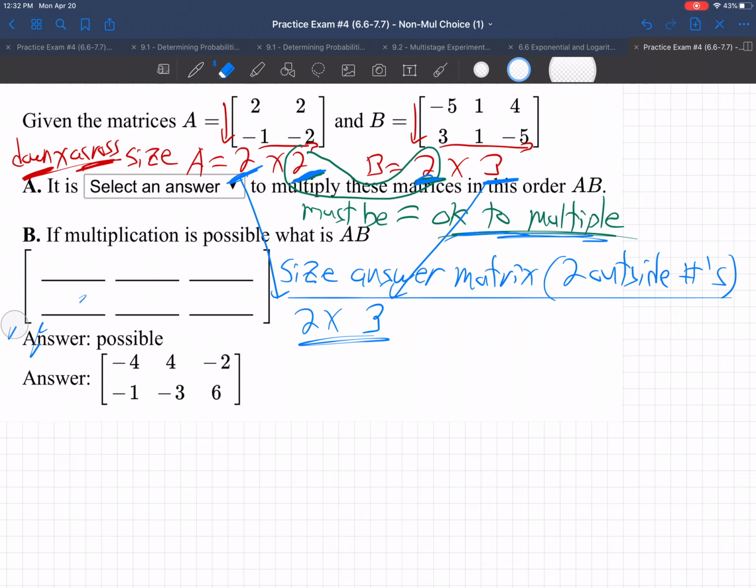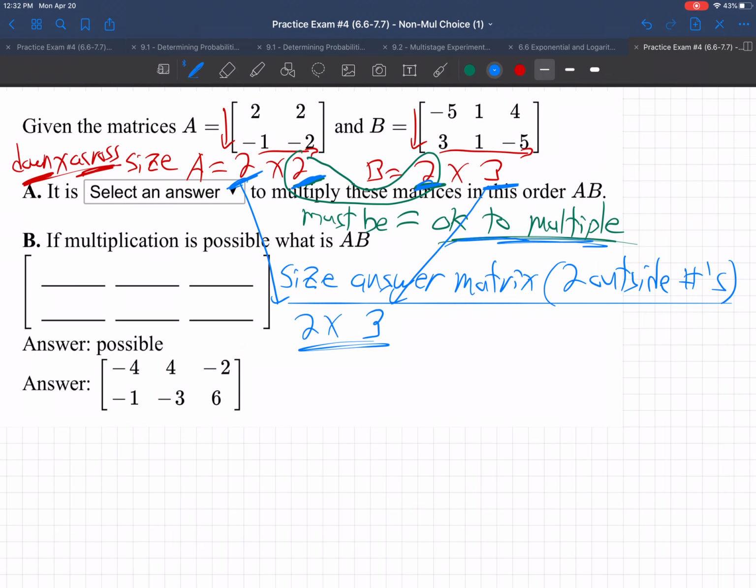So how do we actually do it? Now we know, yes, it's possible, and it's going to be a 2 by 3, but how do we actually find that 2 by 3? Let me bring them down here. Matrix A here is going to be 2, 2, negative 1, negative 2. Then I'll put matrix B right next to it.